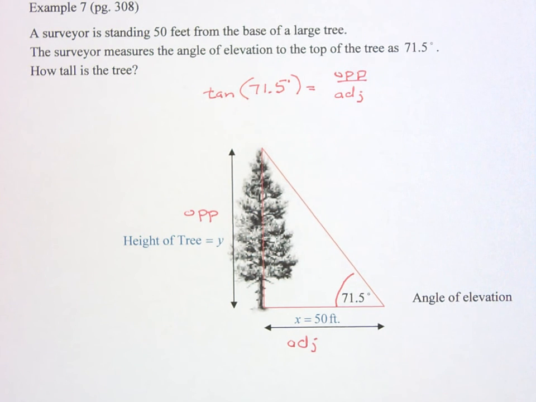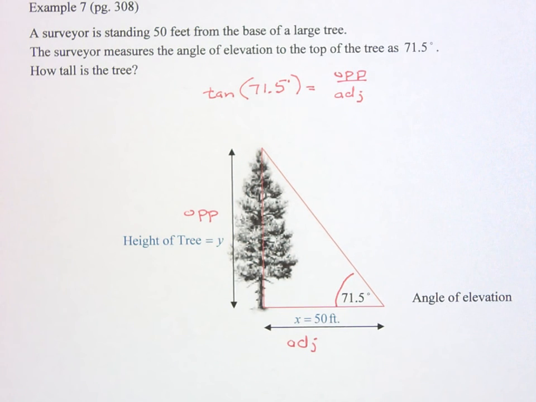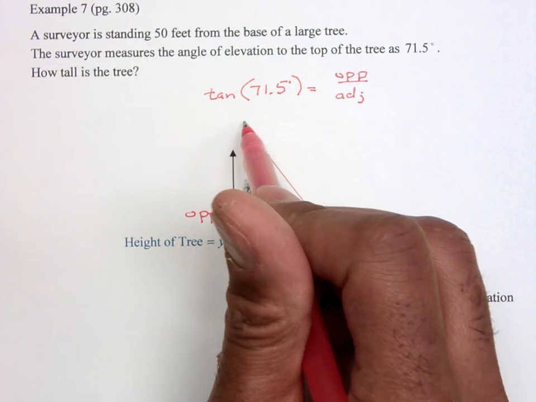What is the tangent of 71.5? If you do that on your calculator, let's round it to 2 decimal places. You should get 2.99 if you round it to 2 decimal places.